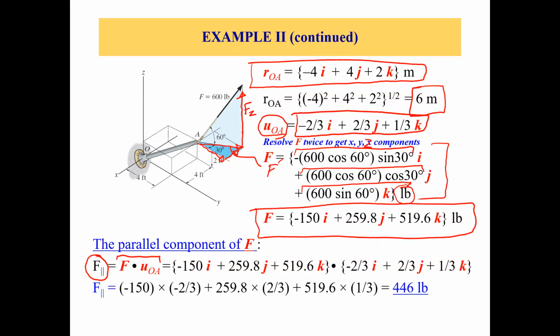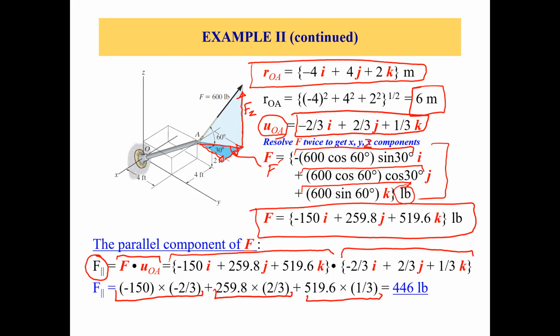So F dot UOA, we know how we do it, right? Just the product of X components, Y components, and Z components. This is your force vector F, this is your unit vector UOA. Just take the dot product, so you'll get Fx times UOAx, plus Fy times UOAy, plus Fz times UOAz.